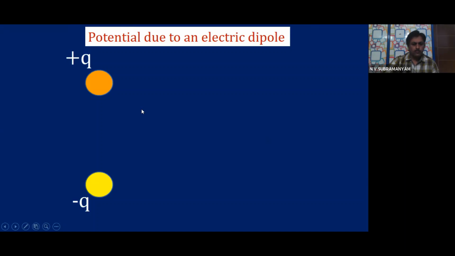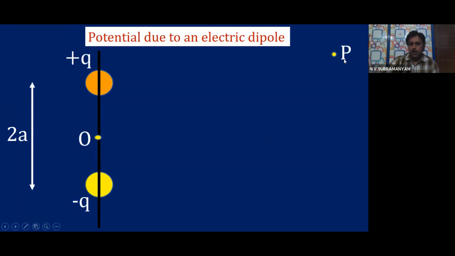Now let us learn in this particular part 2, potential due to an electric dipole. Consider plus q charge and minus q charge of the dipole. The distance between them is 2a. This is the axial line of the dipole. O is the center of the line joining plus q and minus q.